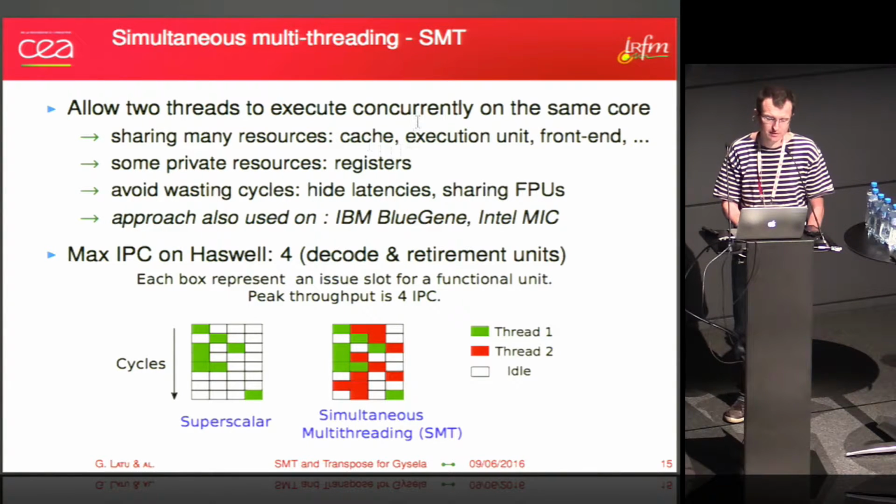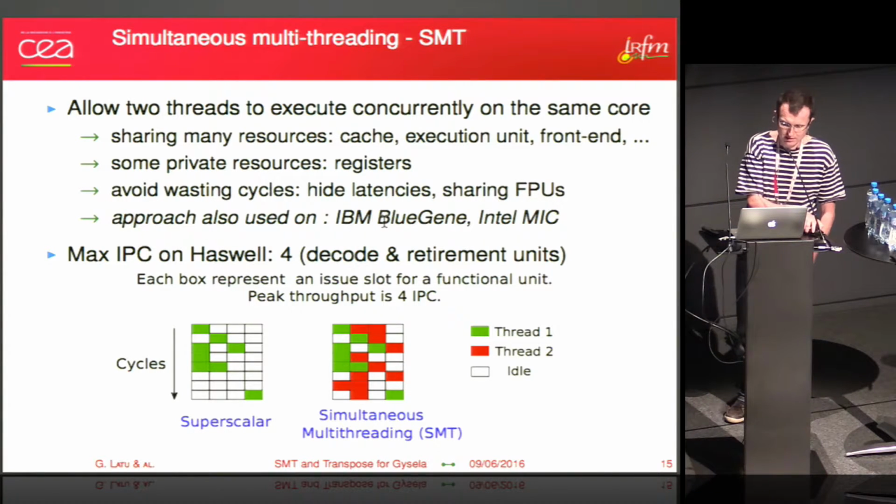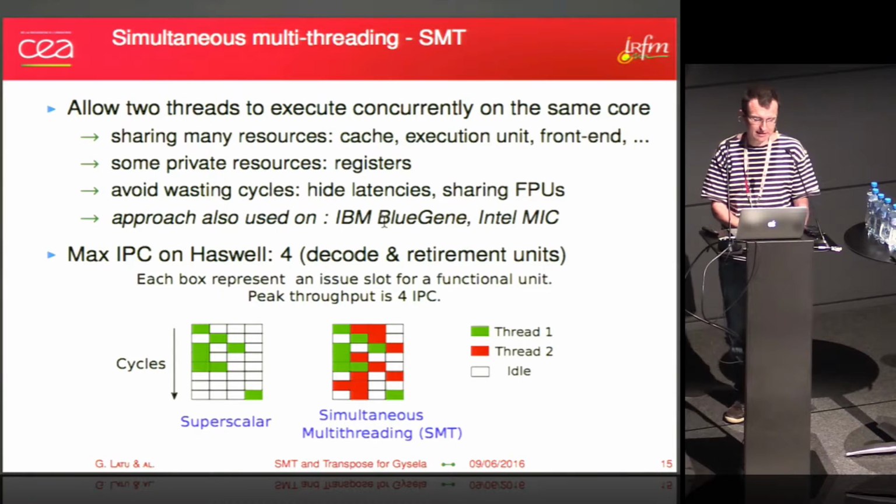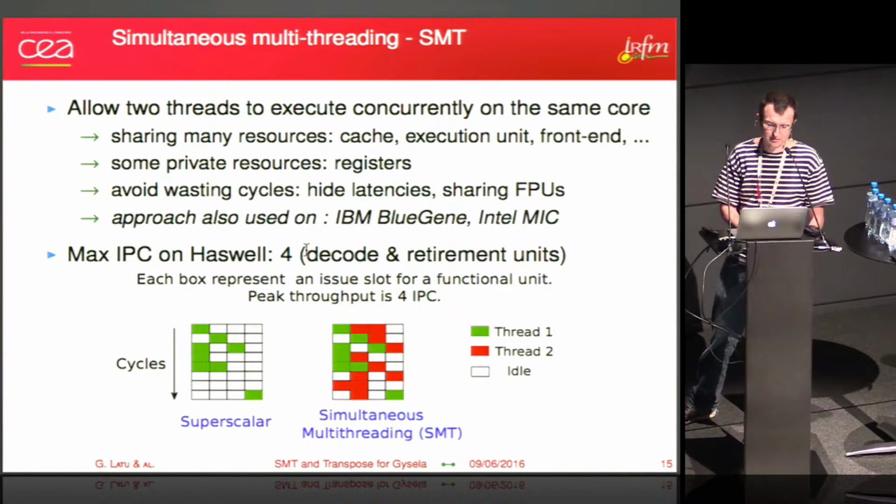This approach of simultaneous multithreading is also available on other architectures. And on a Haswell processor, we can have at maximum 4 instructions issued per cycle. So we hope that we can do such a thing.